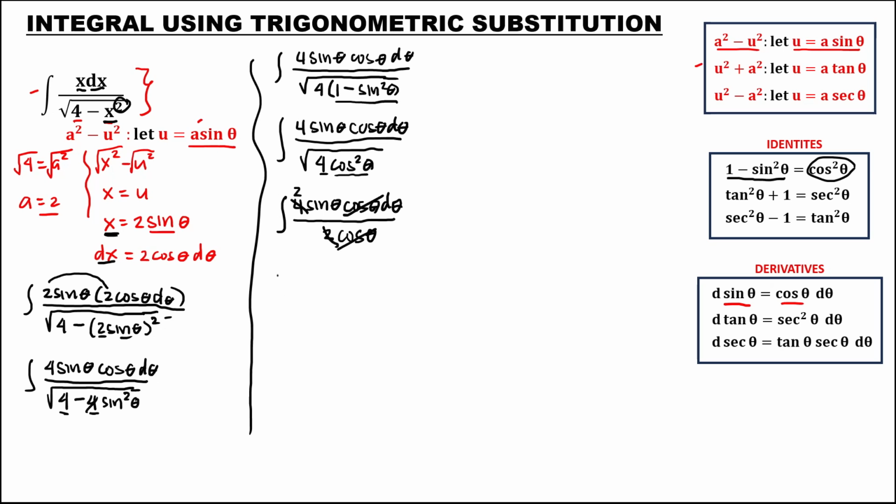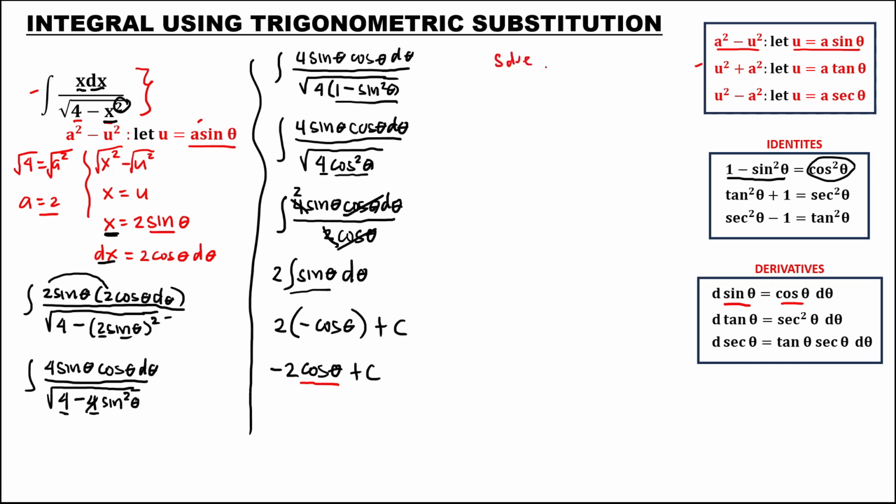Then we put these constants outside, so this is 2 times the integral of sine theta d theta. The integral of sine theta is negative cosine theta, plus c. So this is negative 2 cosine theta plus c.